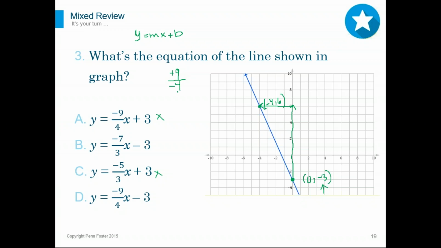So your slope for this line should be 9 over negative 4, or negative 9 over 4, which is the same thing. So the only equation that is true would be D. It has the right slope and the right y-intercept. Questions on this problem?